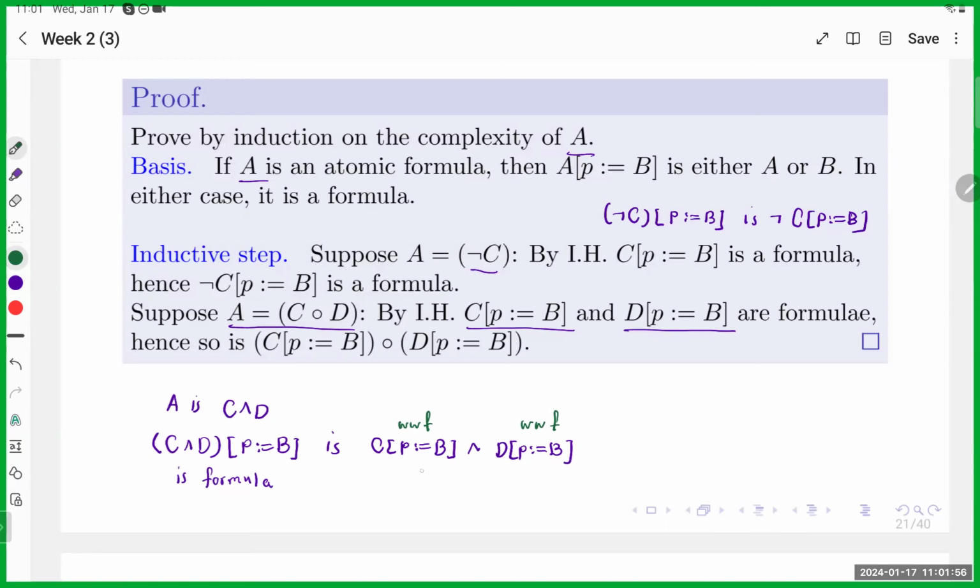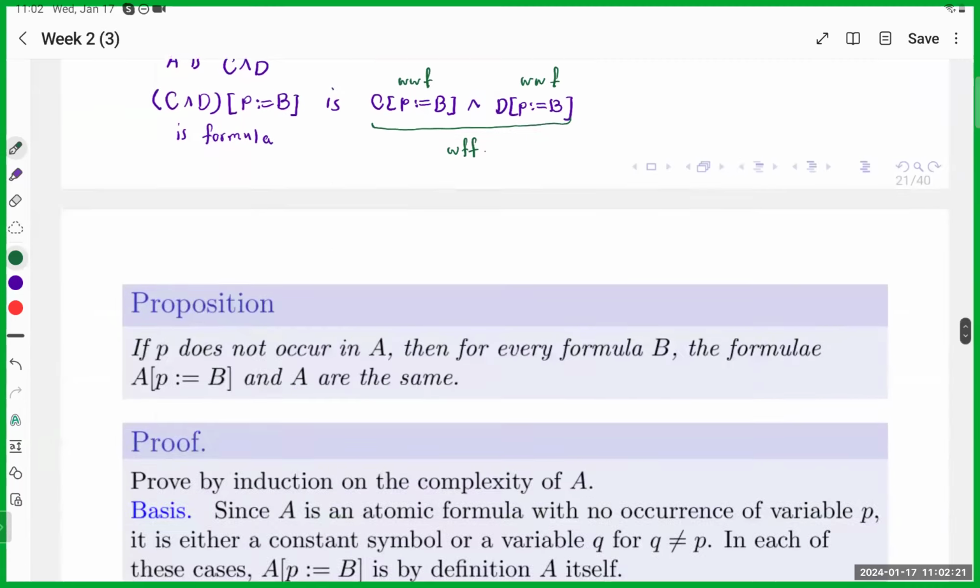A well-formed formula and a well-formed formula joined by conjunction is a well-formed formula. Therefore, now we covered all the cases. The proof was obvious, but again, it's about practicing the proof by induction.